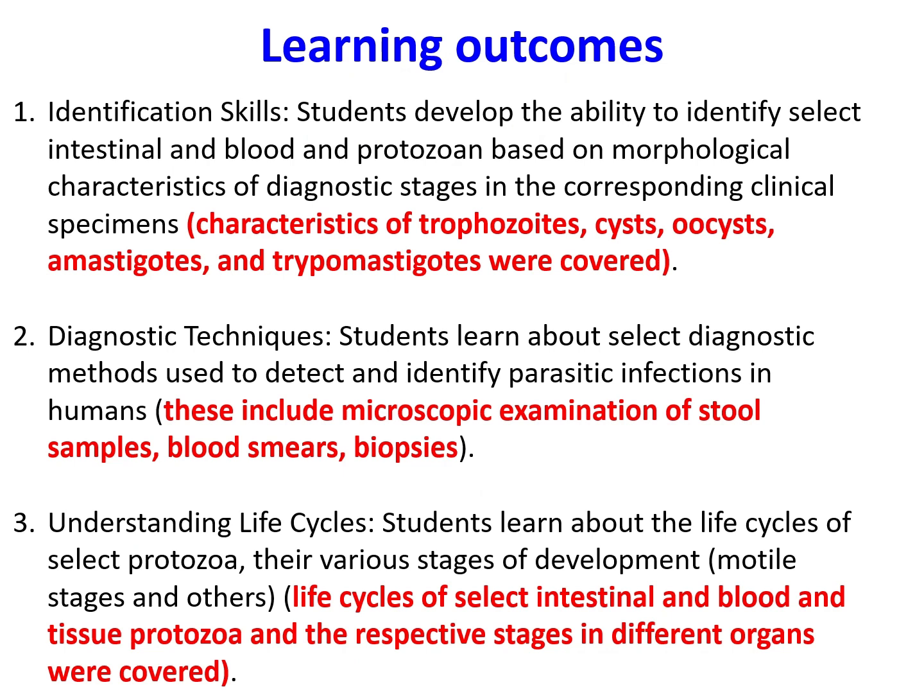So to wrap up, and in accordance with the learning outcomes that were presented at the beginning of this session, at the end of this lecture, students are able now to recognize the characteristics of trophozoites and cysts of intestinal protozoa, such as, for example, Entamoeba, such as Giardia, such as Trichomonas.